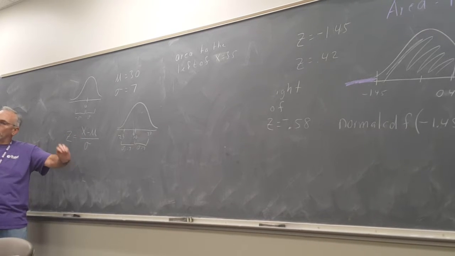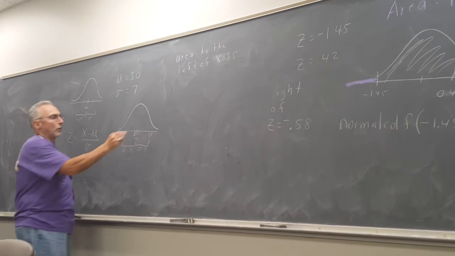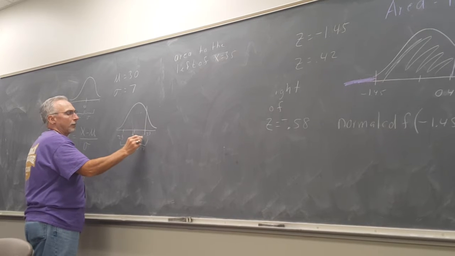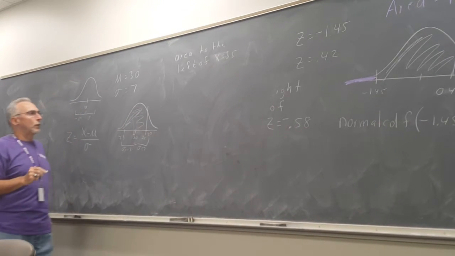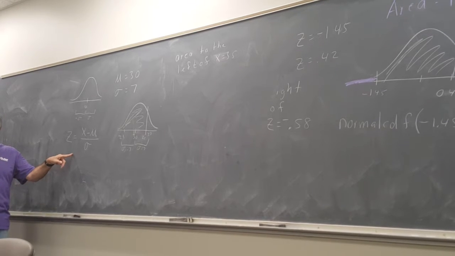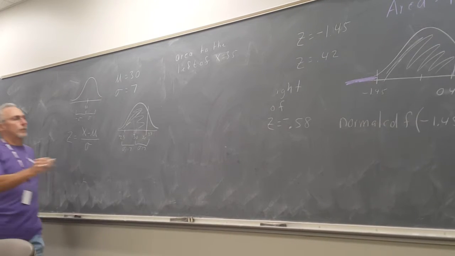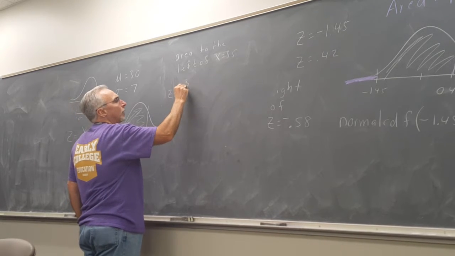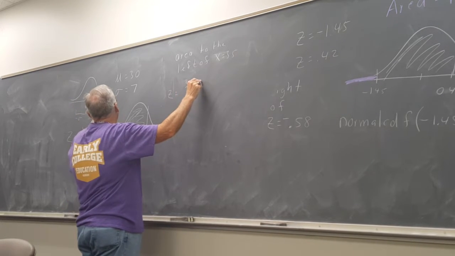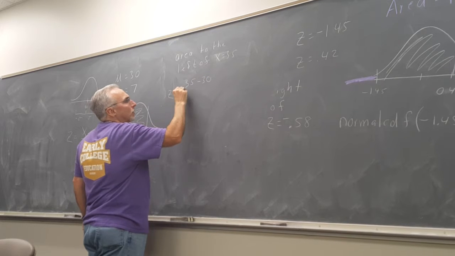That's still a normal curve, it's not standard normal. So if I want to calculate the area to the left of 35, first thing, find the z-score. So my z-score would be 35 minus my mean over 7.